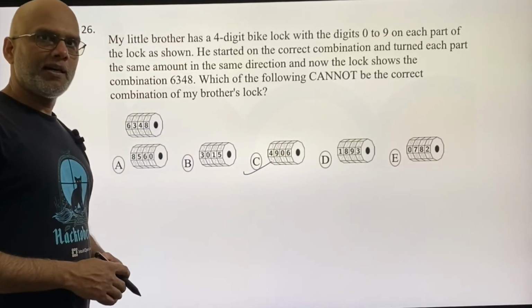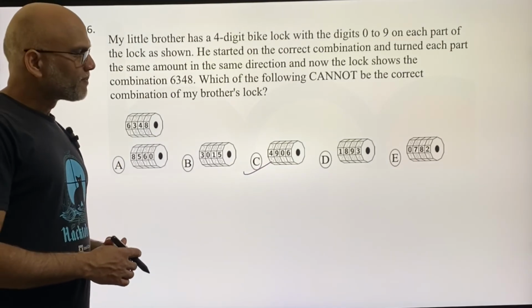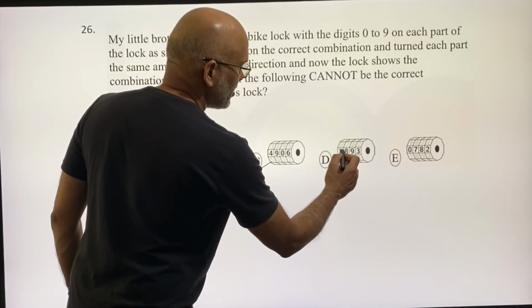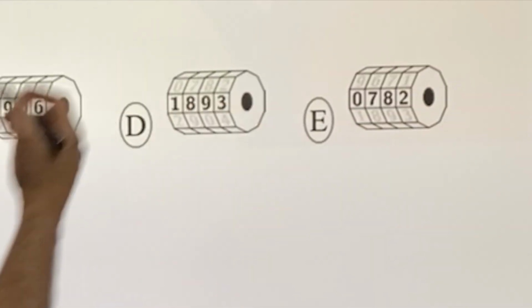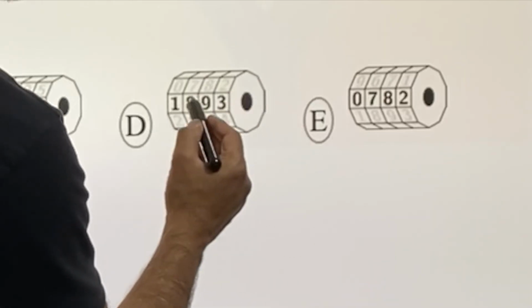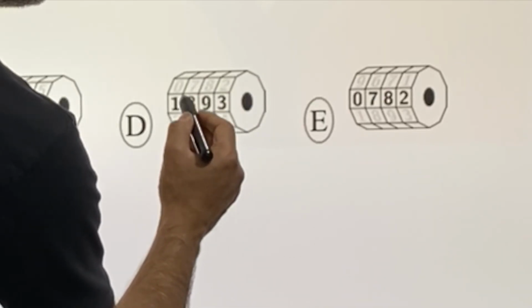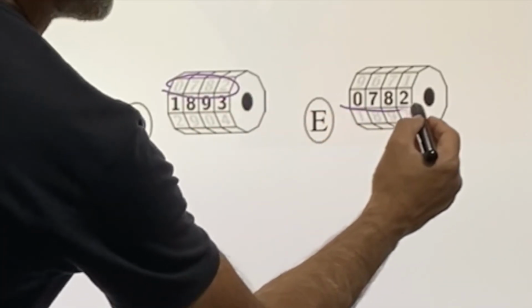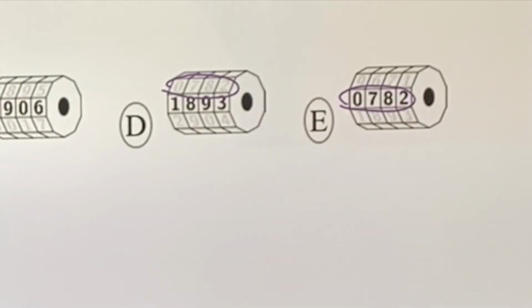I said, how? He said, you see, there are black numbers and there are also gray numbers written on the dial, right? So if you see here, there is 0782 matches with 0782 here, okay?